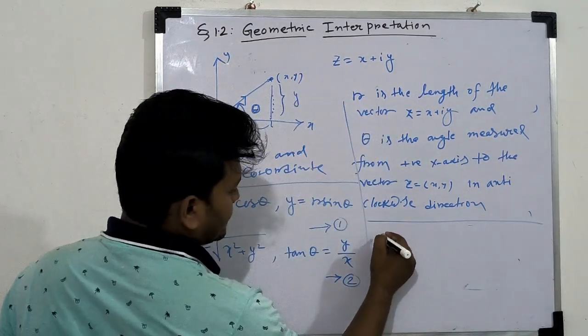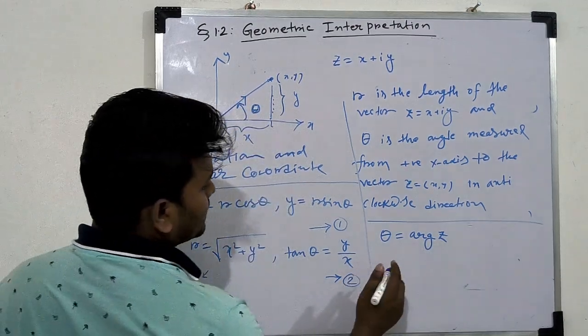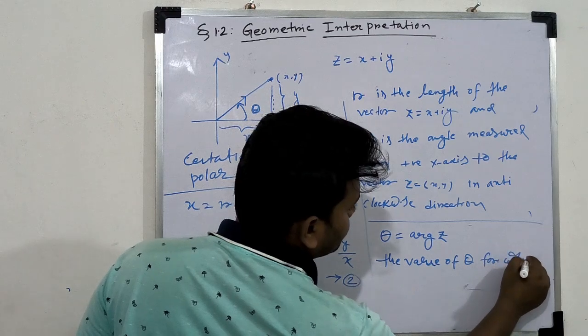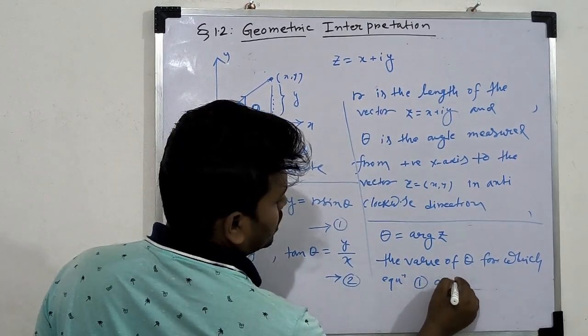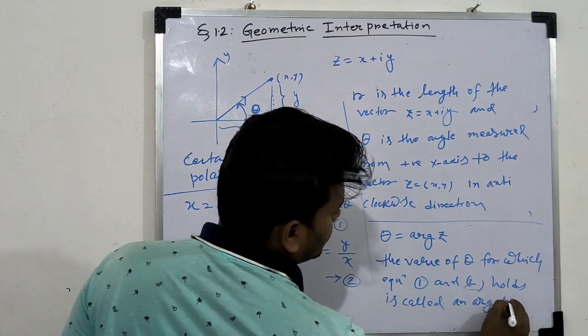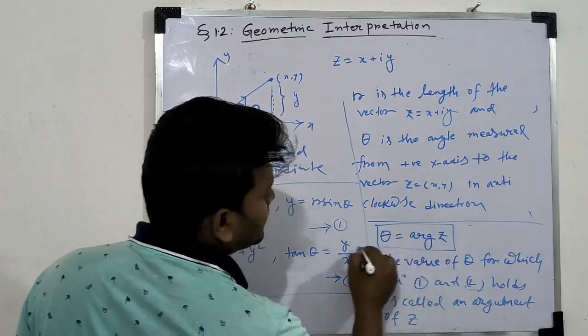So here theta is the argument of z. How do we define this theta? The value of theta for which equations 1 and 2 hold is called an argument of z, and we denote it as theta equal to arg z.